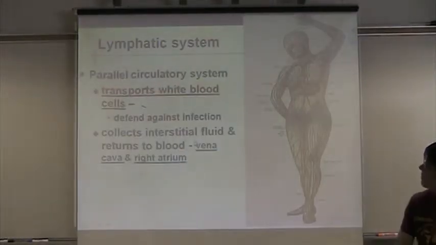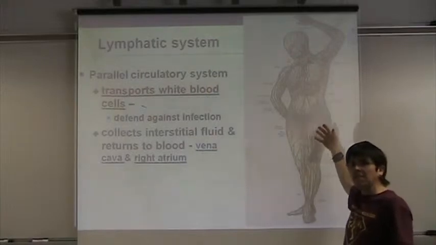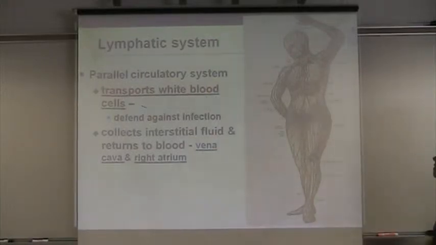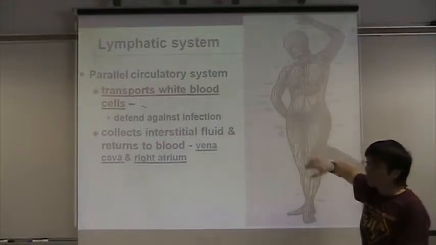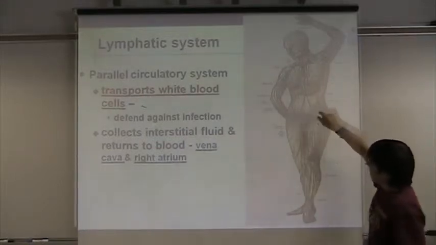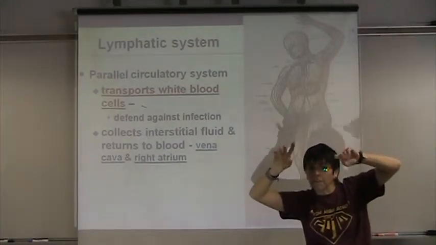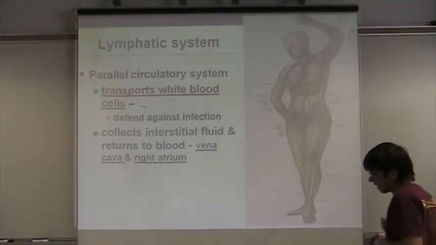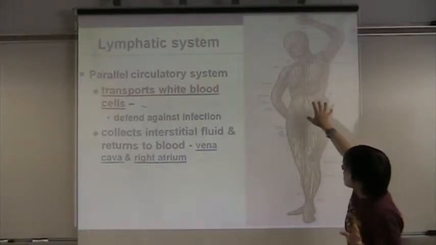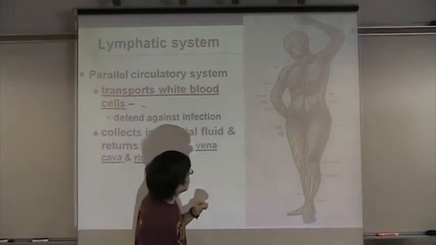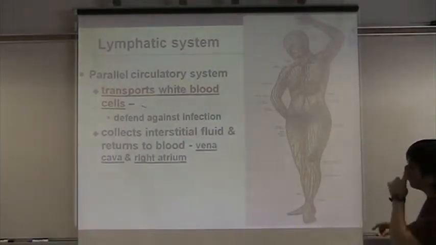So here we go, beautiful system. This is not your circulatory, this is a parallel system that we call the lymphatic system, and it's going to play a role when we do immune system too. So these lymph vessels all over your body collecting this 15% of interstitial fluid, but also you're going to see that besides this, you also have what we call lymph nodes attached to this.